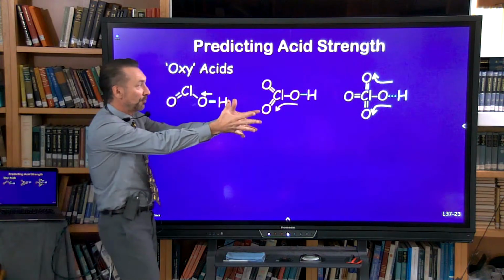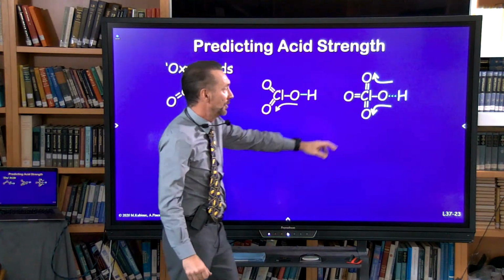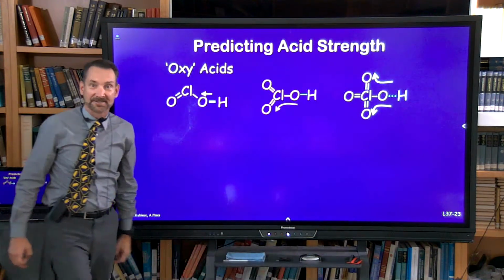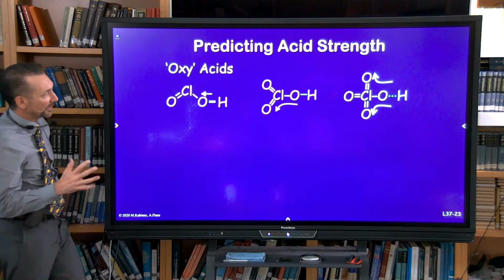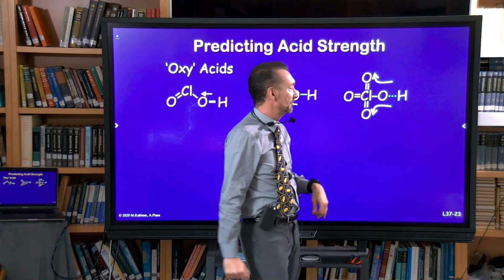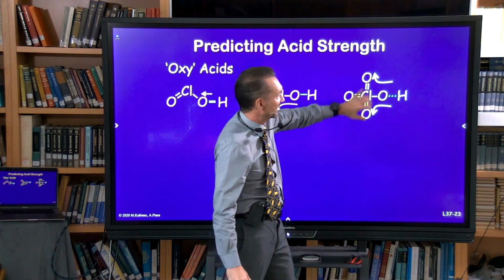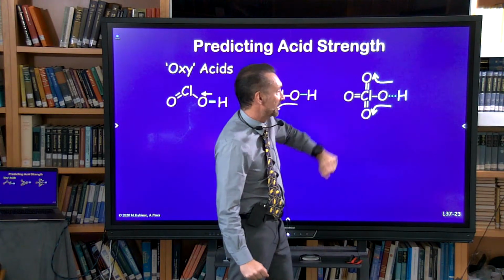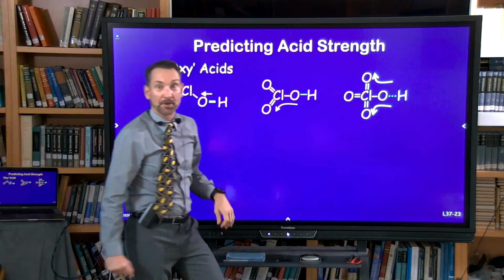That electron withdrawing effect weakens this bond, makes it a better acid. Weakens the bond isn't exactly the best way to say it, but we'll just hand wave and say that. It stabilizes this as an anion, and stabilizing this as an anion makes the separation favorable.